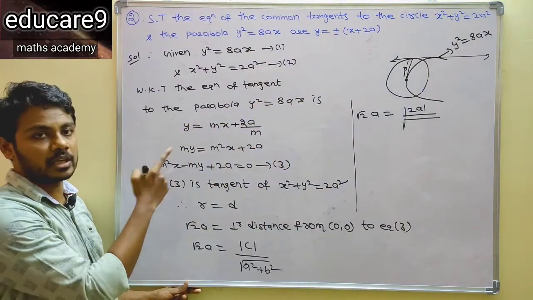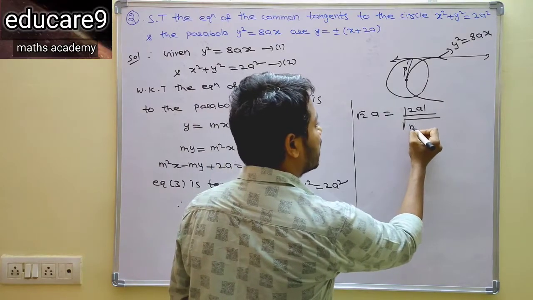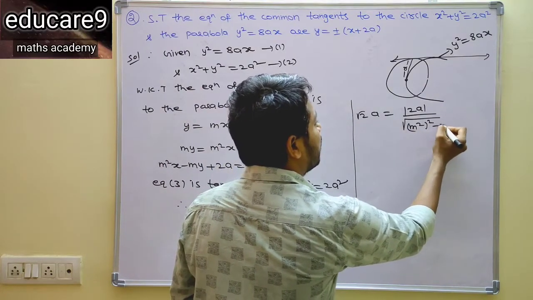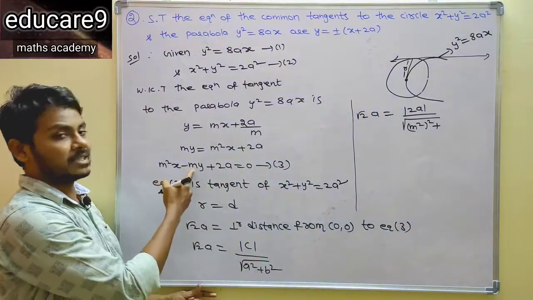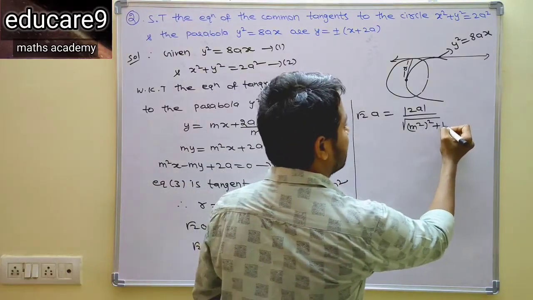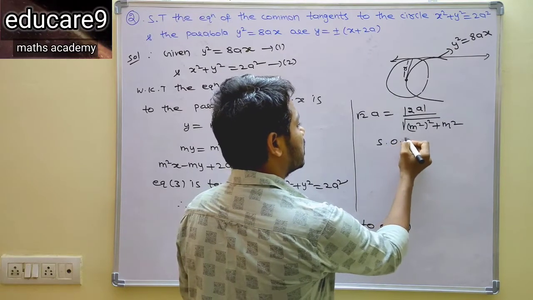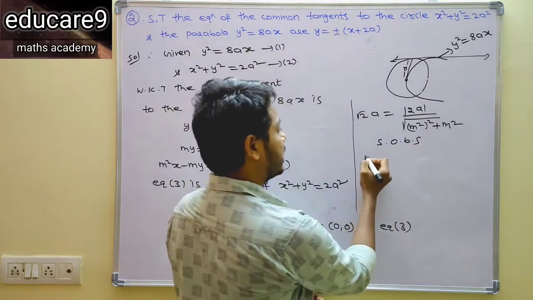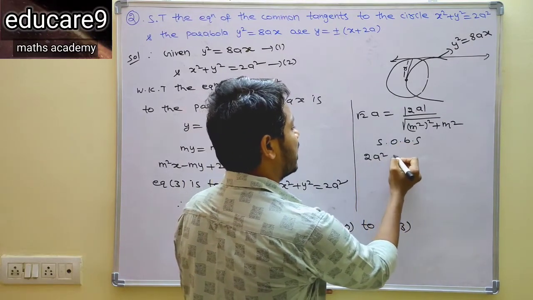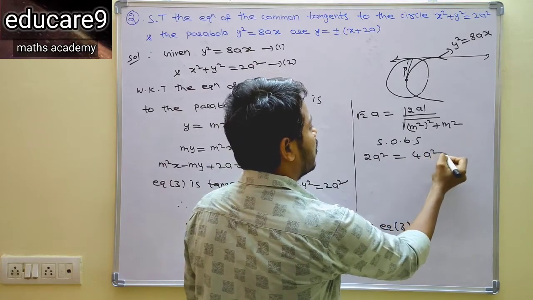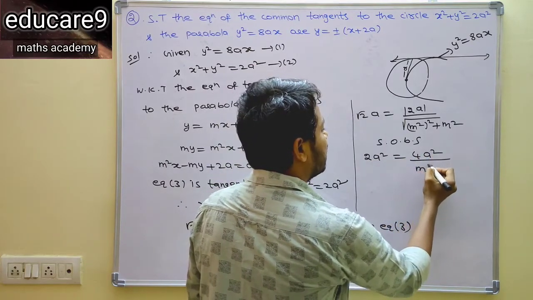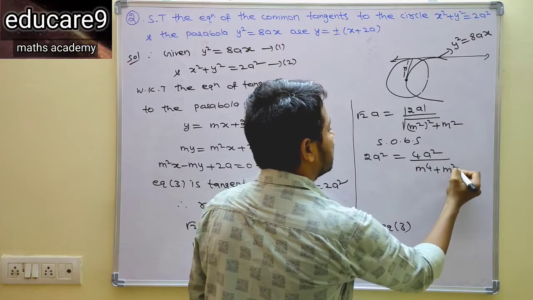A is what? M square. So m square whole square plus b square minus m whole square. You will get m square. So squaring on both sides. So you will get 2a square is equals to 4a square divided by m power 4 plus m square.